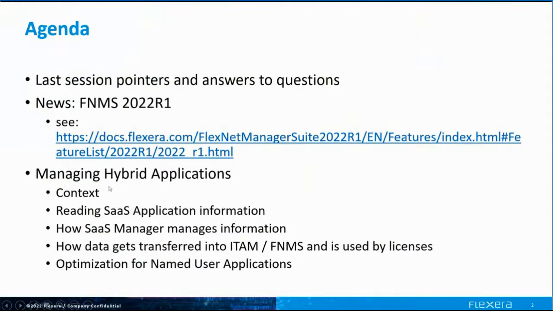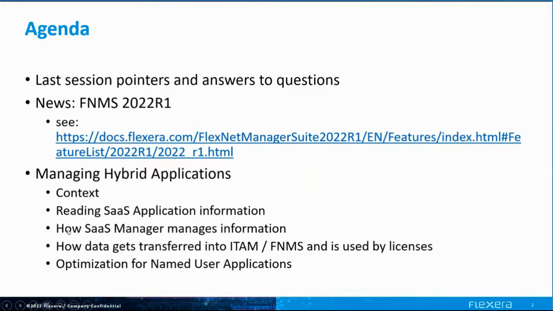We will start with giving some context on what is a hybrid application. And then I will explain step by step which are the processes for reading the SaaS applications information, how SaaS Manager will manage its information, how the data gets transferred into ITAM or FlexNet Manager if you're on-prem, and what is coming next, how license consumption is calculated and how optimization can be calculated.